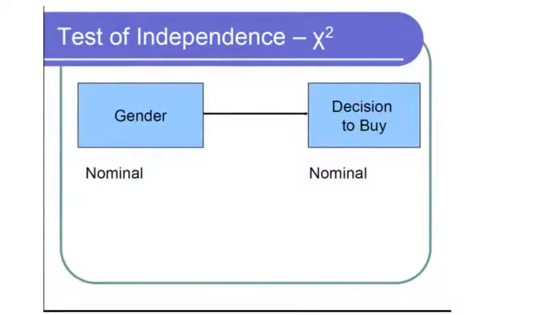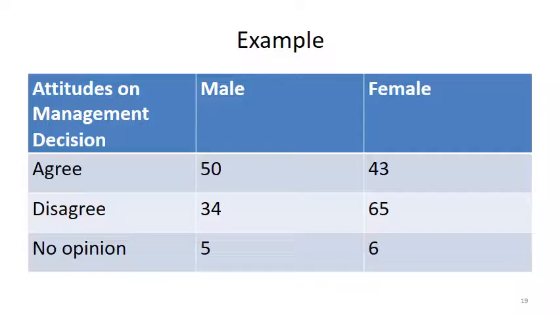So for example, gender and decision to buy. Usually decision to buy would be either yes, no, or probably you can add on undecided, and nominal. So using the frequency tabulation and all, we will be able to test if there is independence.